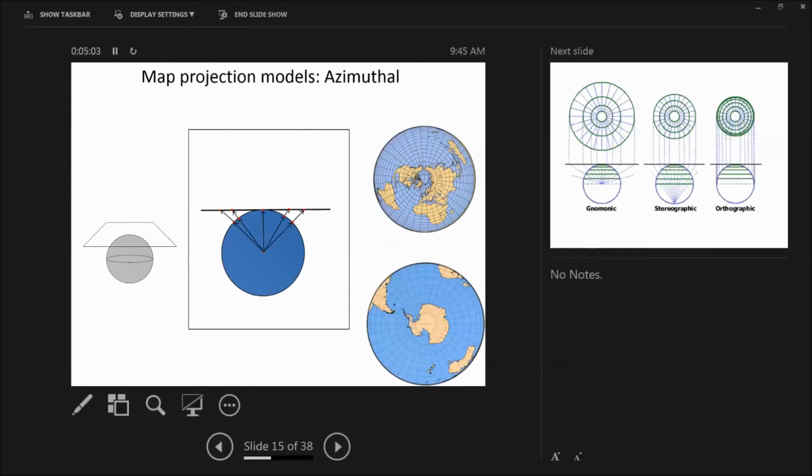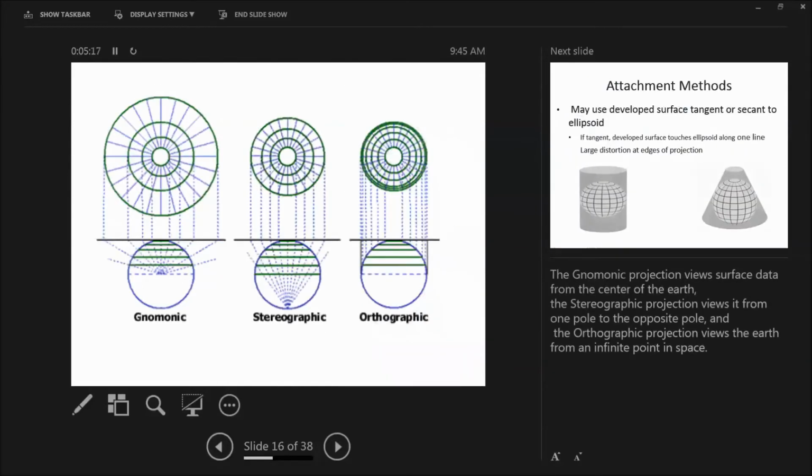Talking about the azimuthal projection in particular, I said that you put the source or the center of the projection at the center. Well, that's not always true. We have 3 different models. And maybe write down that these 3 models, the way I'm presenting them here, are very important for us.